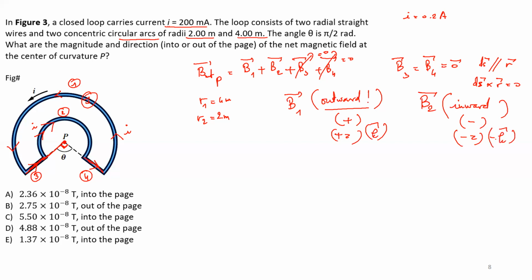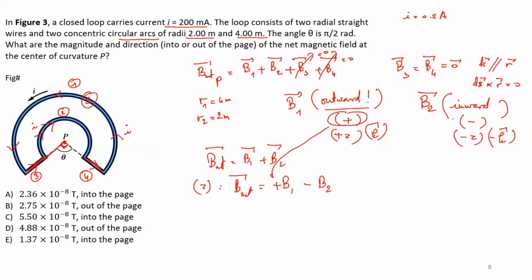Okay, so if I project my B net, which is B1 plus B2, along the Z direction, I get that B net is equal to plus B1 minus B2. The plus B1 is because it's pointing outward, and the minus is because B2 is pointing inward.